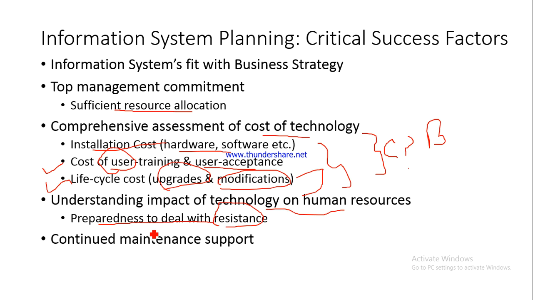So how do you cope with the new viruses that are coming up? You have to have antivirus security, and you have to keep upgrading it. You have to keep changing and modifying the access to the database. So all these modifications have to be done on a regular basis, and that is why continued maintenance support is very, very important for the success of information systems, right?